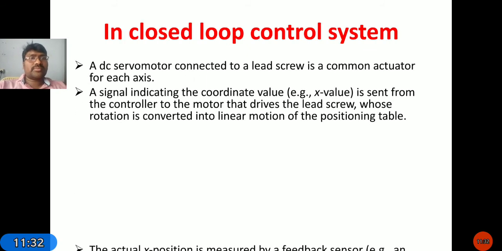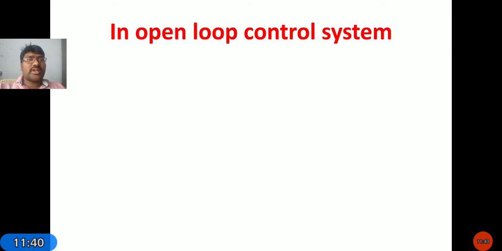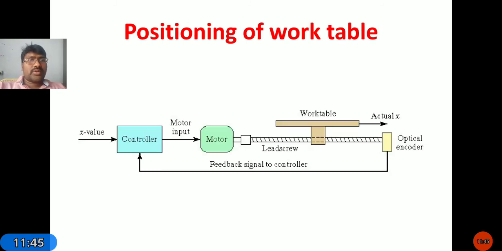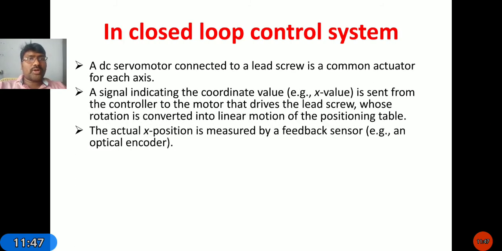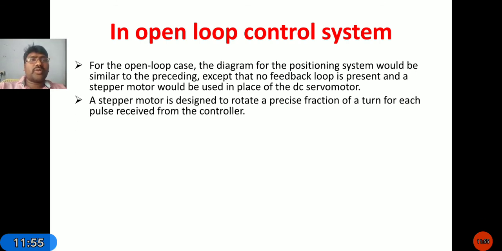But in case of open loop control system, we work without that sensor. We need to use a stepper motor that replaces the servo motor. For the open loop case, the diagram of the positioning system would be similar to the preceding, except that no feedback loop is present and a stepper motor would be used in place of the DC servo motor.